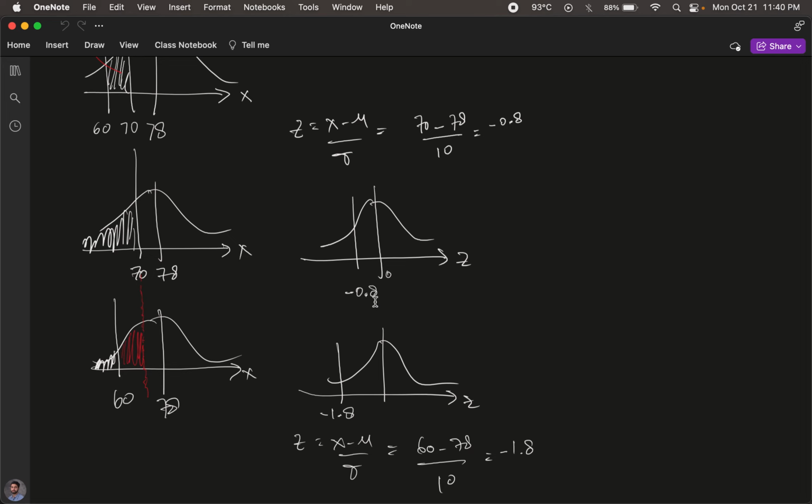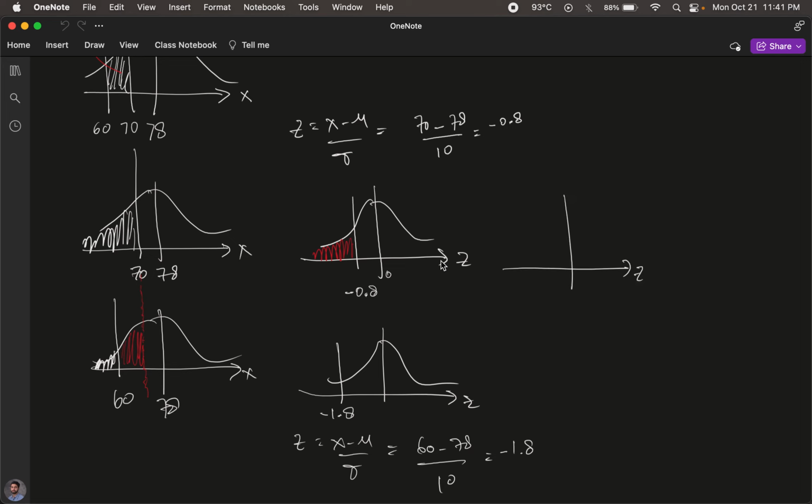Now this is the interesting part, because if I know that this is my tail area, so to speak, I could move this negative z value to a positive z value. Remember, why am I doing this? Because for me, positive z values are accessible.